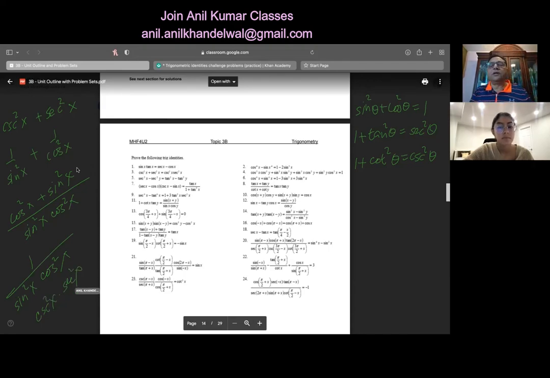Because in the numerator, cos squared x plus sine squared x is 1. So this is equal to the right hand side. That is how we started from the left hand side and showed it is equal to the right hand side, and therefore we have proven the identity.